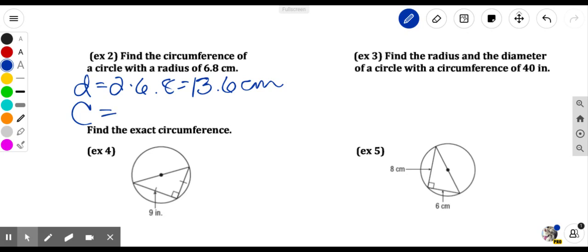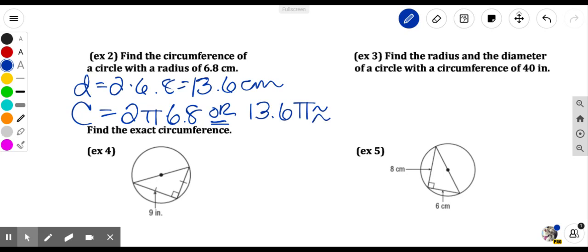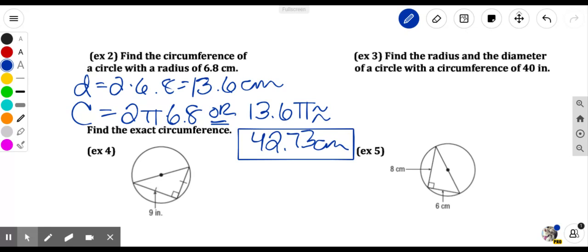And so now for the circumference, you can either do 2 times pi times 6.8, or you can just do 13.6 times pi. Either way, it's approximately, when you do it in the calculator, 42.73 centimeters would be the circumference for this example. Okay, so that's just very straightforward.